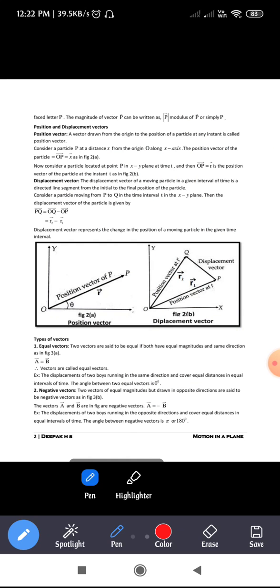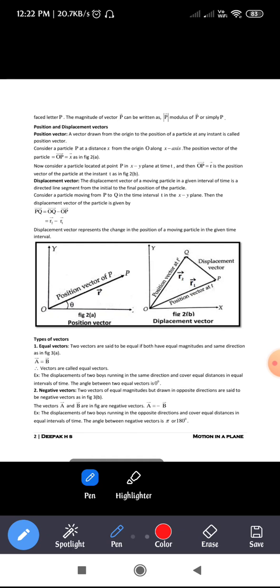Consider a particle P at a distance x from the origin O along the x-axis. The position vector of the particle, vector OP, is equal to vector x as in the figure.